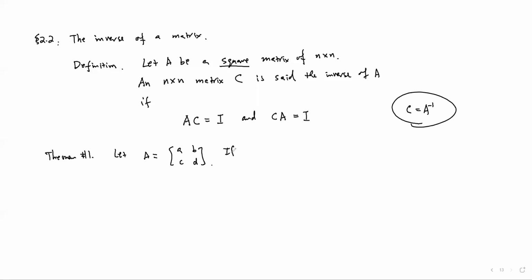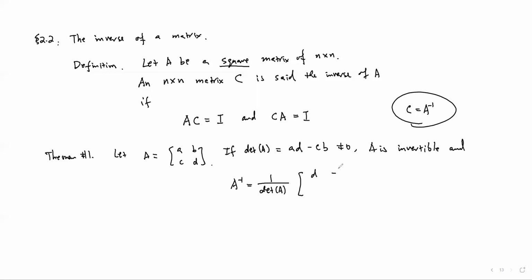If the determinant, AD minus BC, of the 2 by 2 matrix is non-zero, then A is invertible, and the invertible A has an inverse, and the inverse is equal to 1 over the determinant times the matrix D, -B, -C, A.